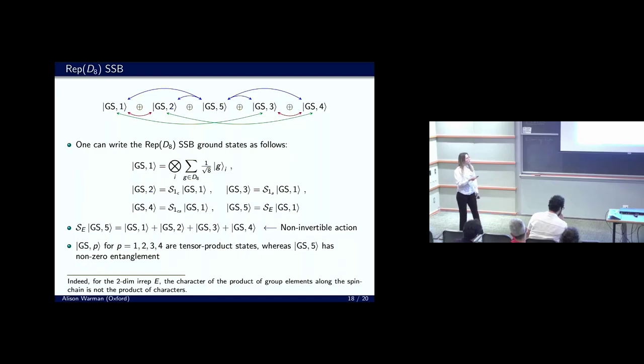So for the one-dimensional irreps, the product of the characters is equal to the character of the product. So we start with a tensor product state, and we get tensor product states. Instead, for the 2-dimensional E, the character of the product is not the same as the product of the characters. So this gives us this entangled non-tensor product state.